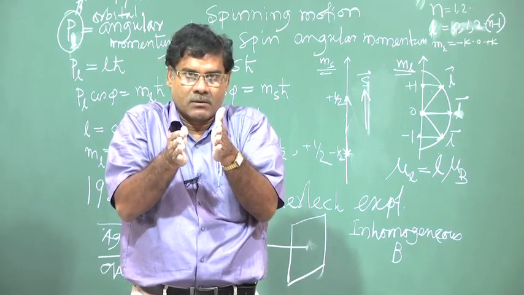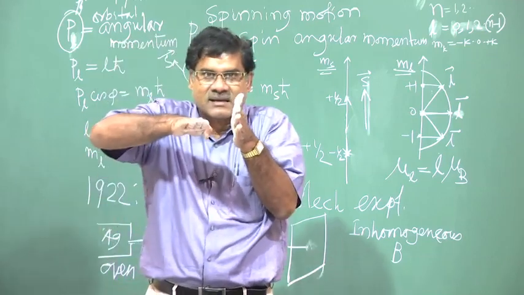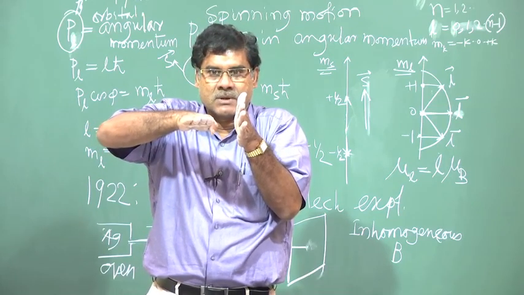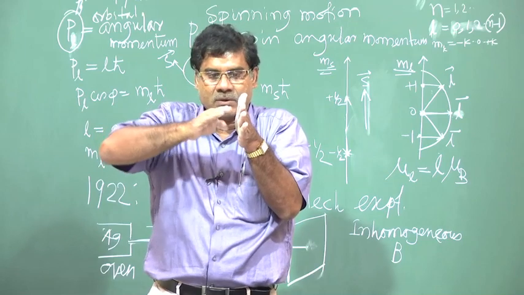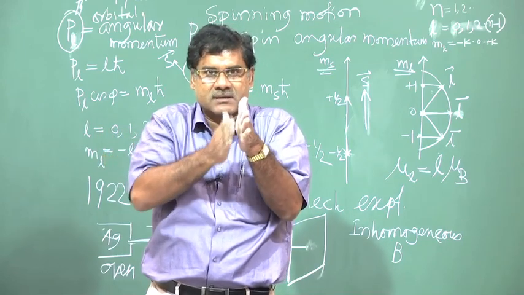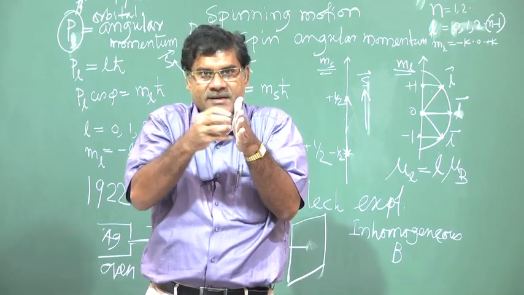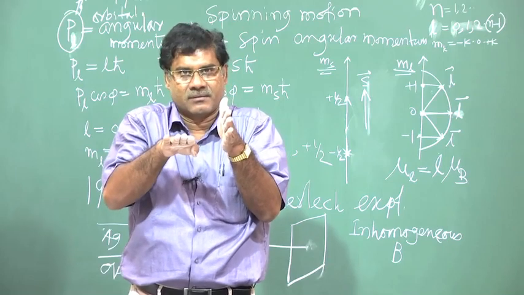Okay. Now, if this pole is flat and the other pole is not flat, it is sharp. In that case, what will happen? These lines of force from this pole will enter from the north pole, and they have to enter the south pole.